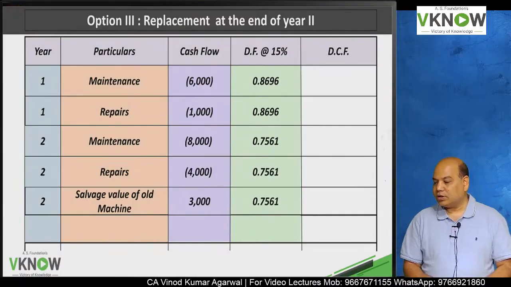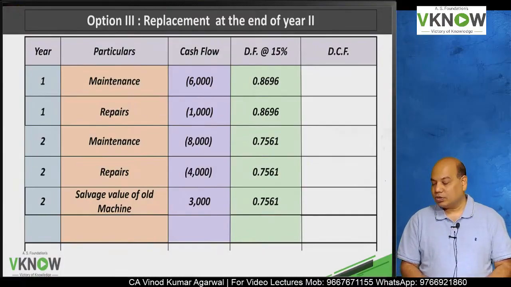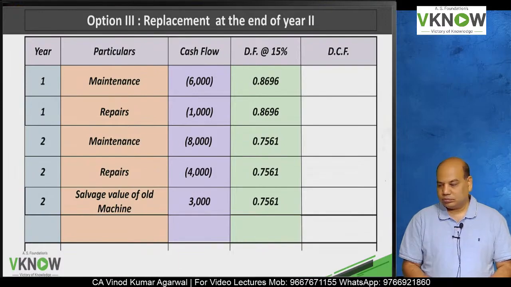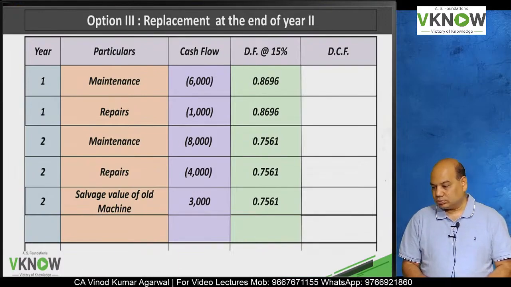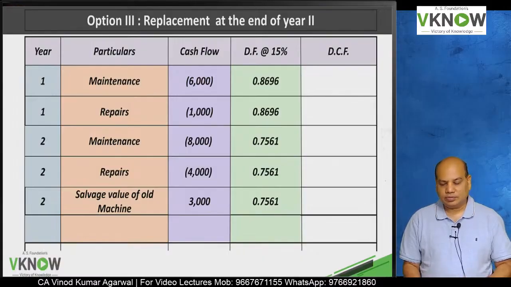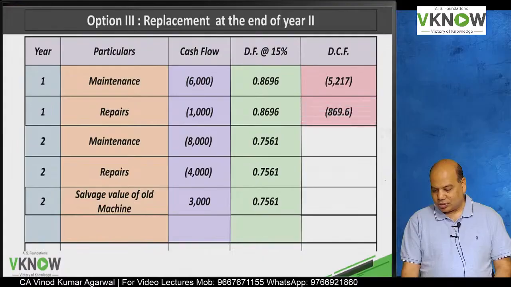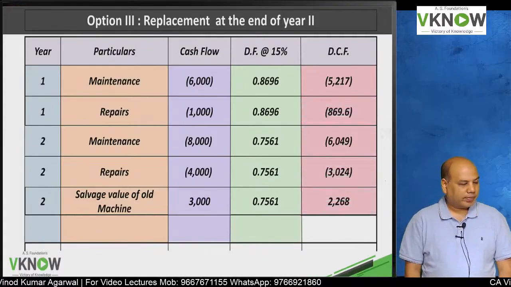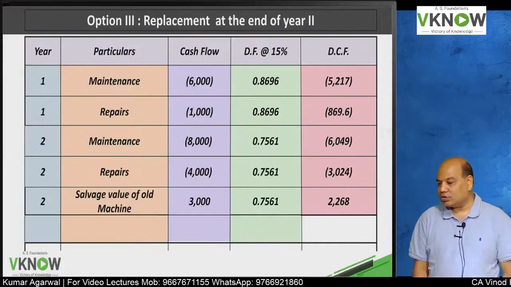For year 1 the factor is 0.8696. For year 2 the factor is 0.7561. Total of the last column. Be a little proactive.